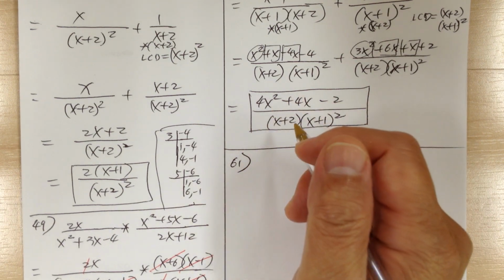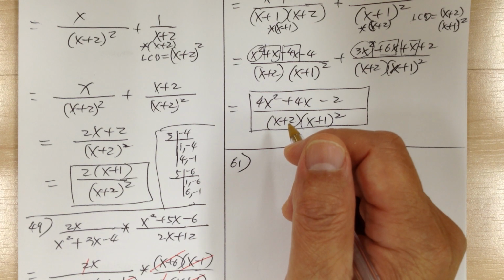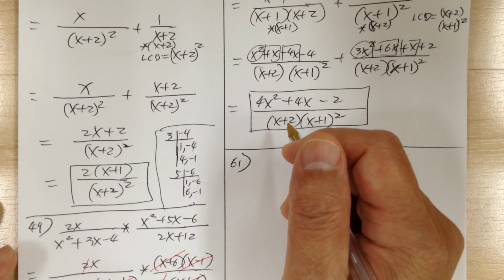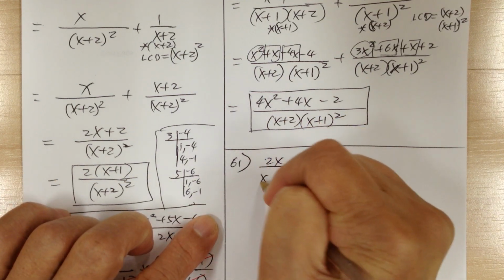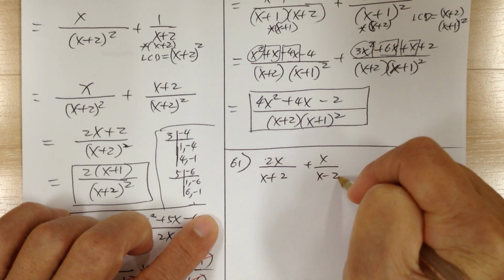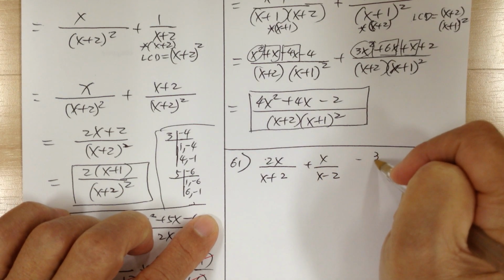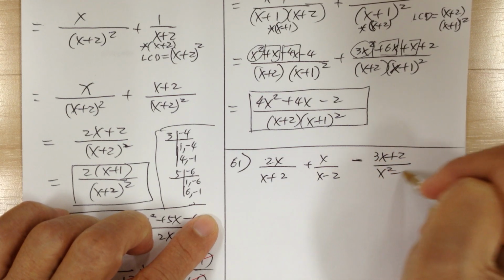Okay, number 61. You have 2x over x plus 2, plus x over x minus 2, minus (3x plus 2) over (x squared minus 4).